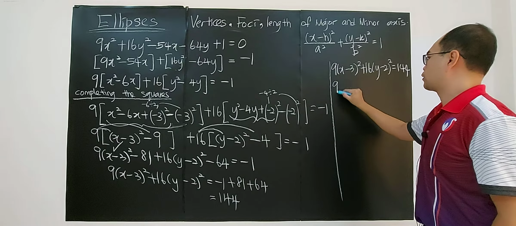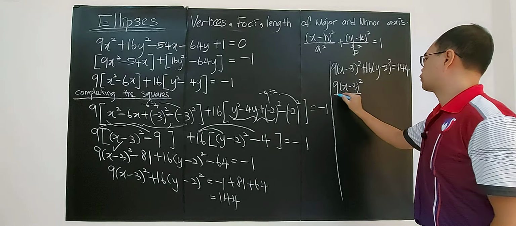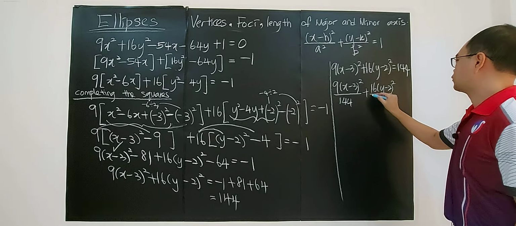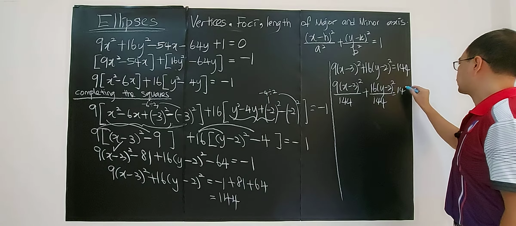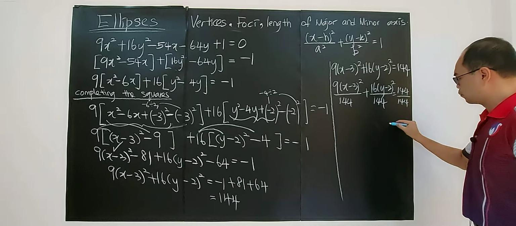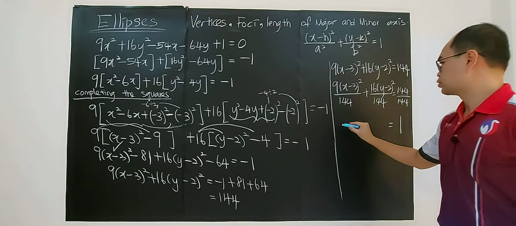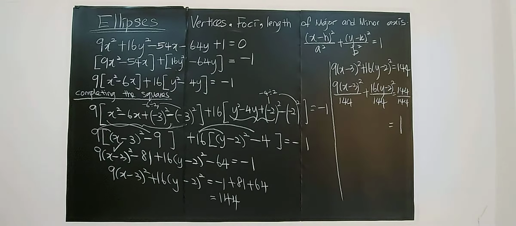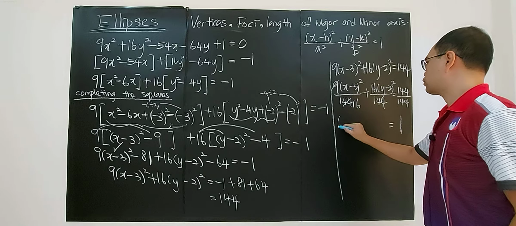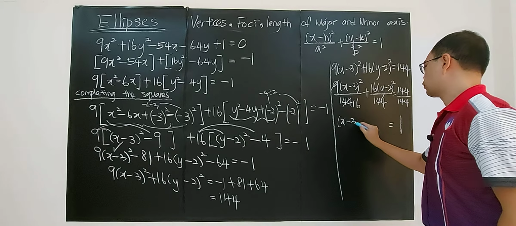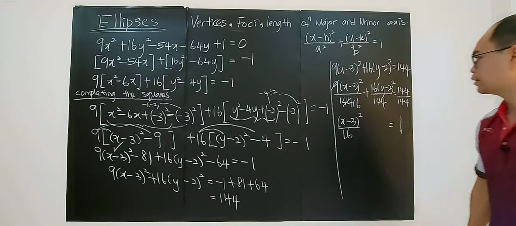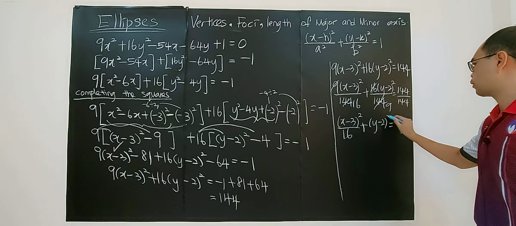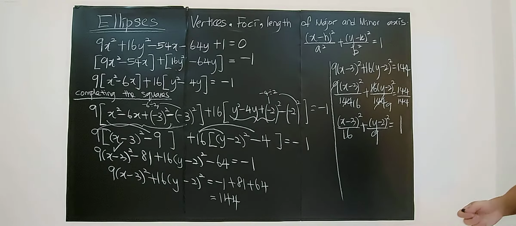Everything we divide by 144, to make sure it's in the standard form. 144 divided by 9 gives 16, and 144 divided by 16 gives 9. So (x minus 3) squared over 16 plus (y minus 2) squared over 9 equals 1.